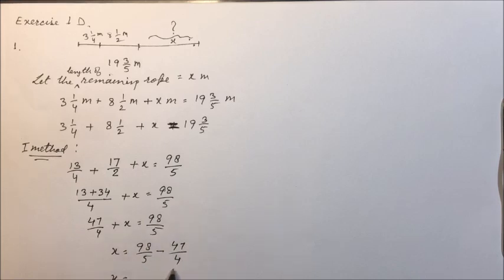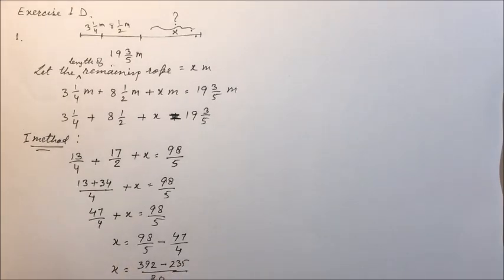Now take the LCM, it will be 20. 5 4s are 20, 98 4s are 392, minus 4 5s are 20, 47 5s are 235. If we subtract, it comes out to be 157/20.